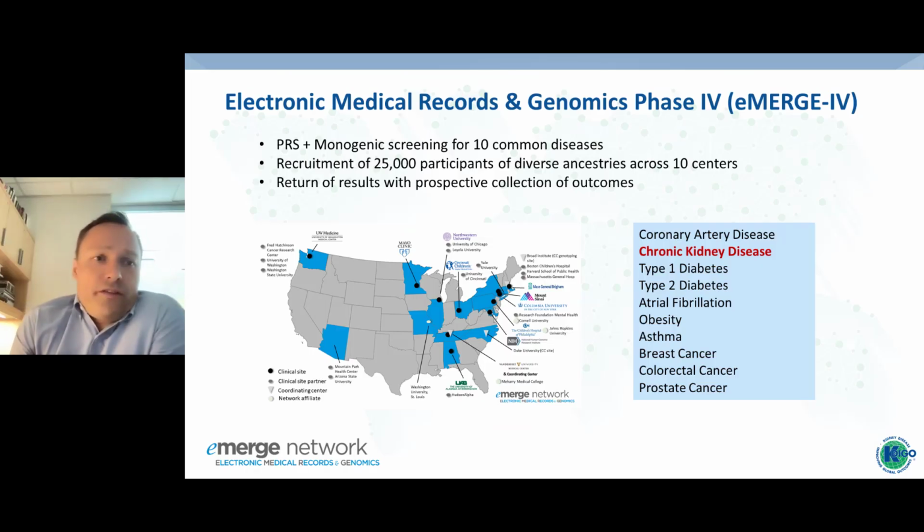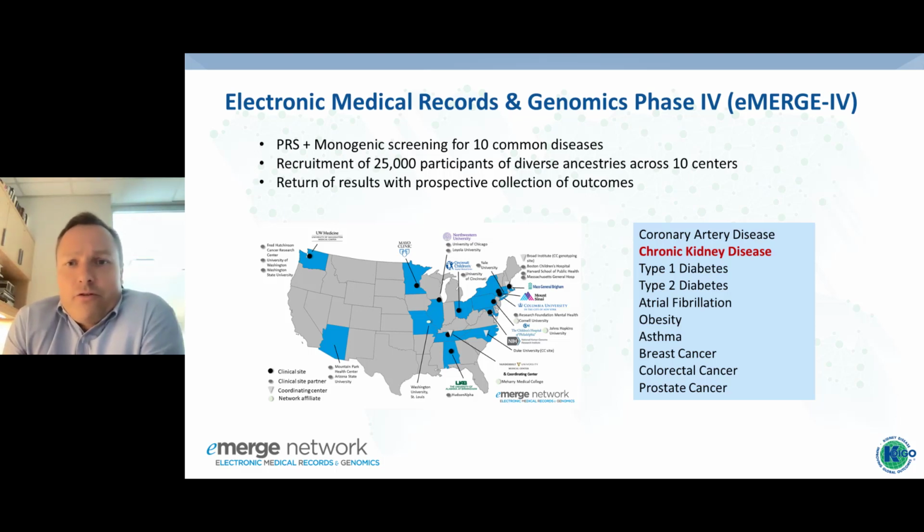So this work was done in collaboration with the Electronic Medical Records and Genomics Consortium. And the nice thing about the consortium is that in phase 4, the consortium actually prospectively recruits 25,000 participants of diverse ancestries across multiple centers in the US. And the polygenic risk score for CKD was implemented as one of 10 risk scores that will be calculated for these individuals, and the results will be returned with prospective collection of outcomes.